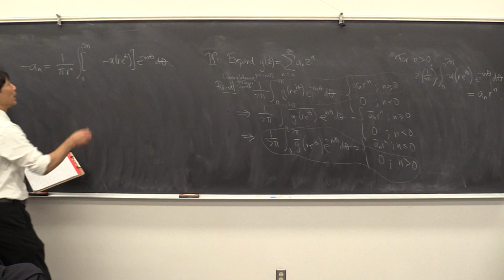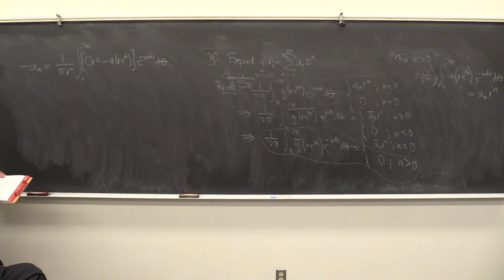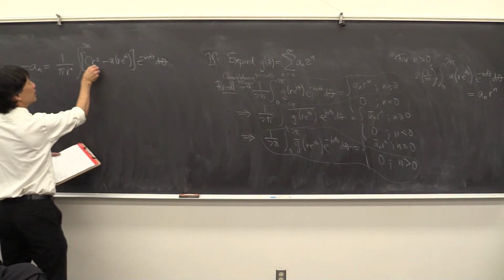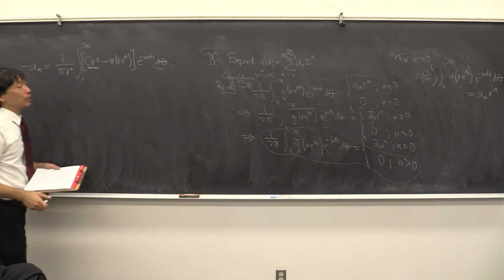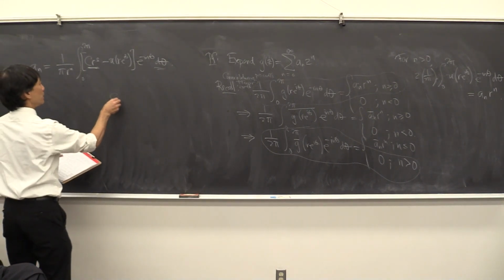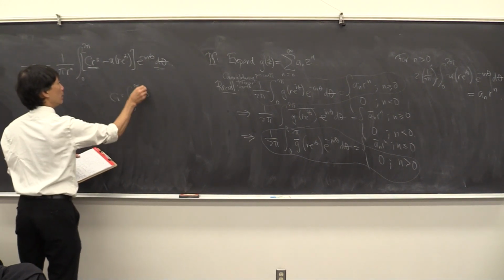Okay, and now I'm going to slip in a cleverly disguised 0. So this is just a constant with respect to theta. So all I'm slipping in is this C R^s times e to the negative i n theta, right?